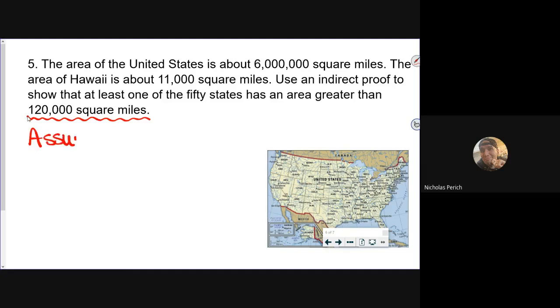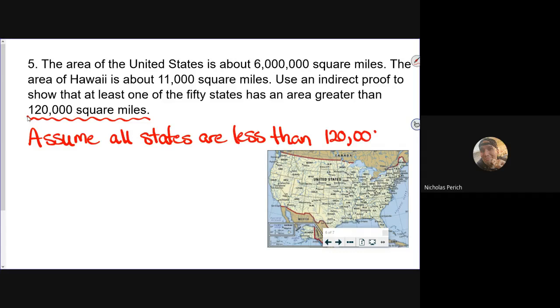Let's assume all states are less than 120,000 square miles. Dummy in the back says that. How are you going to prove them wrong?